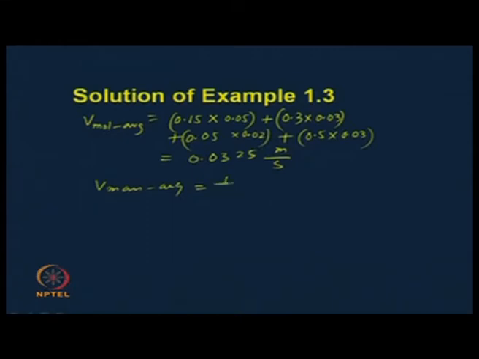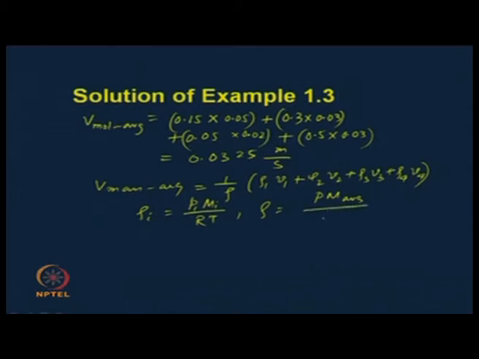Now, to calculate the mass average velocity, V mass average, we know this is 1 by rho, rho 1 V 1 plus rho 2 V 2 plus rho 3 V 3 plus rho 4 V 4, and we know rho i is equal to P i M i divided by R T if it is an ideal gas, and then rho is equal to P M average by R T. So, we can get rho i by rho is equal to P i M i by P M average.